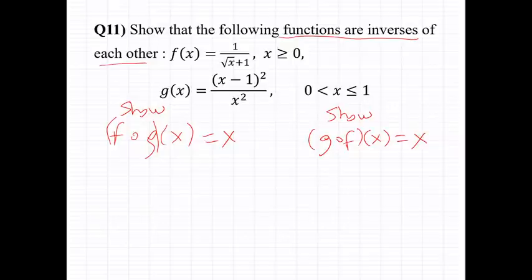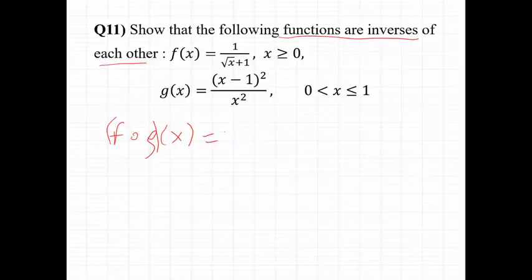Now, let's start from this one, and let's do the other later. To show means that here you will start calculating this, and you will end up with x. If you end up with x, then you will say, okay, it has been shown.